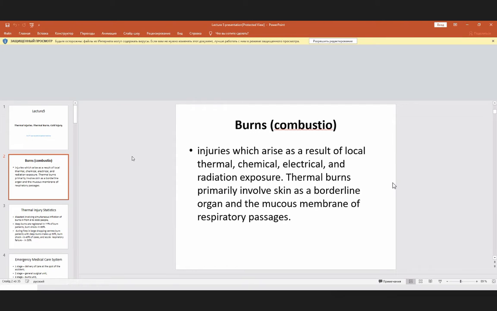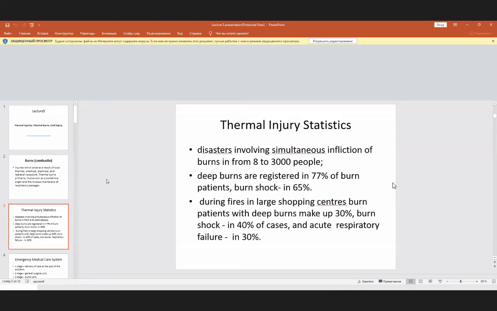Total skin surface area ranges from 1.5 to 2.5 square meters. When the area of burn lesion is assessed, the area of 1.7 square meters is regarded as a baseline mean value.